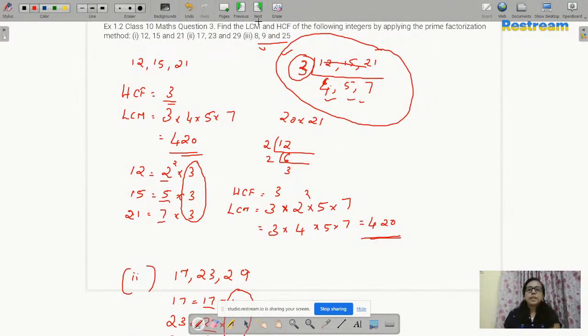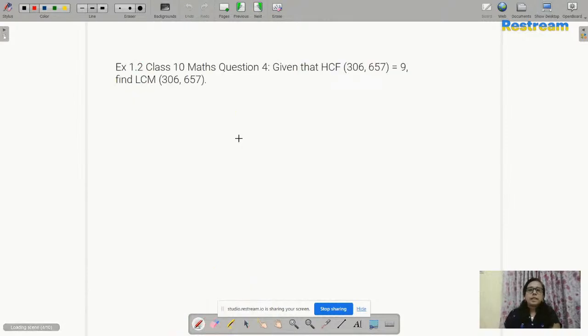Now next one, exercise 1.2, question number 3. Next question is question number 4. This type of questions are always repeating, children. What is the question here? Here it is given that the HCF of 306 and 657 is equal to 9.